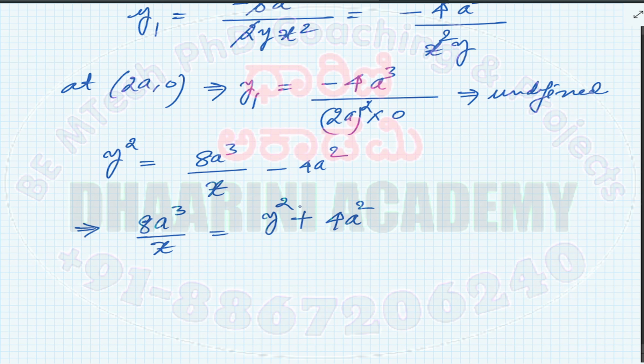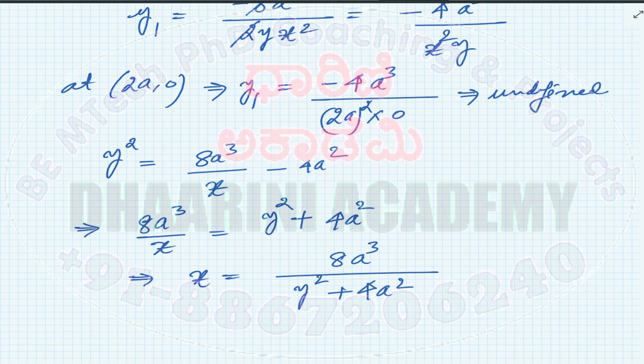Now this implies, if you want to calculate x, x goes to this side, so x is equal to 8a cube divided by y square plus 4a square. All right, so we have this term with us now.